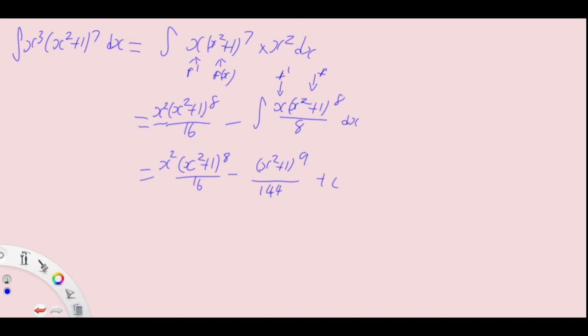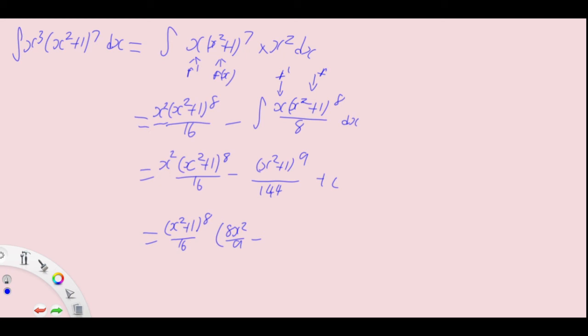Obviously, you can simplify this by factorizing out x squared plus 1 to the power 8 over 16, to give you, if I'm not mistaken, 8x squared over 9 minus 1 over 9 plus c. I think this is the correct one. I hope so.